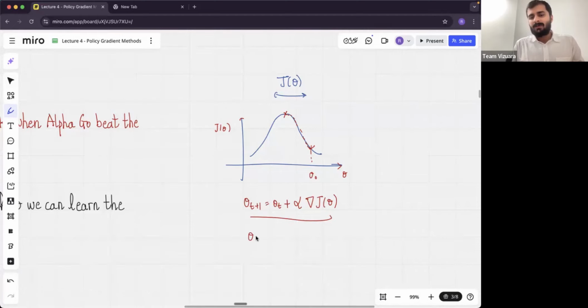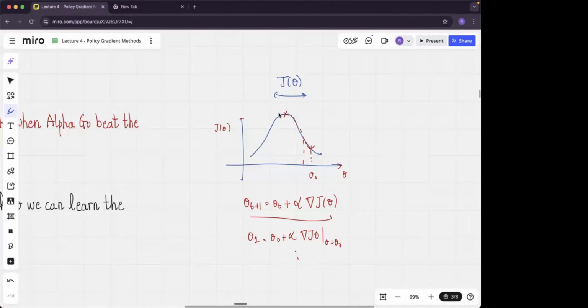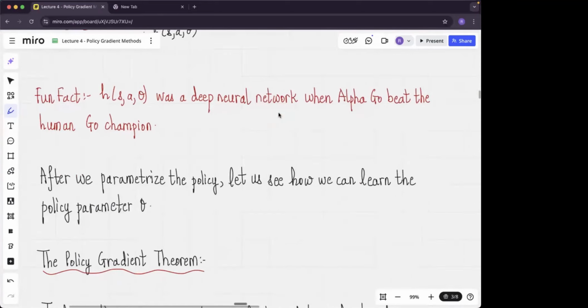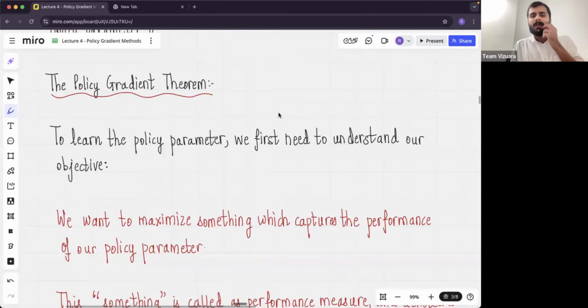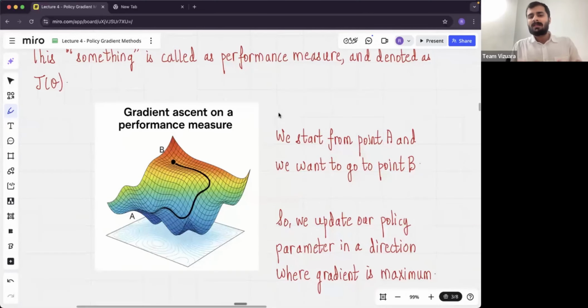So first we'll do theta 1 equals theta 0 plus alpha times gradient of J of theta evaluated at theta equal to theta 0. And then slowly we are going to do this many times so that we do better and better and better. So people intuitively knew the strategy that, if we know what this performance measure is, we can ascend it. That makes sense.